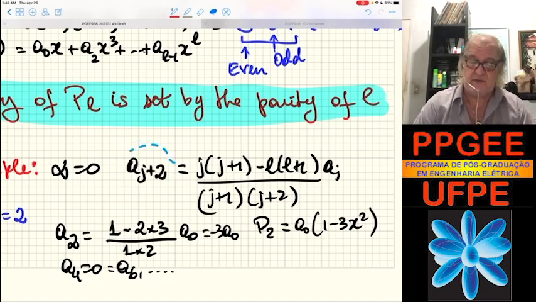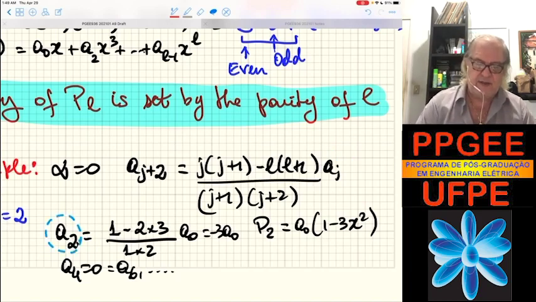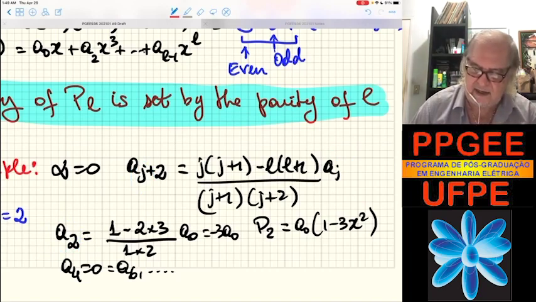So a(J+2) equals to this thing here. We can calculate a2 for J equals 0. L equals 2, minus 2 times 3.